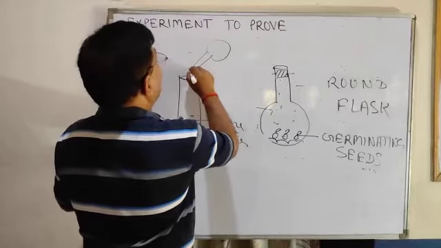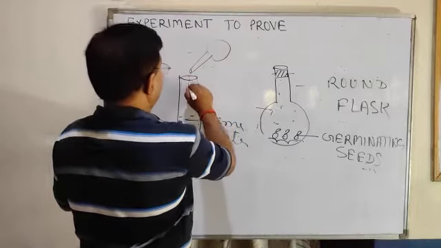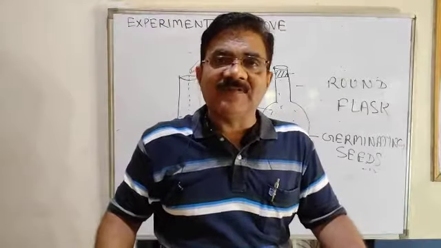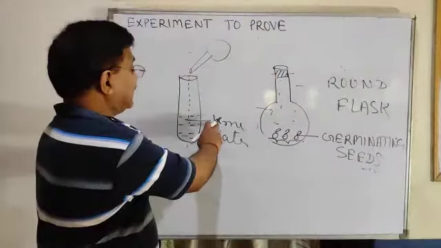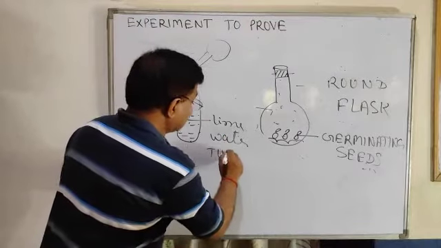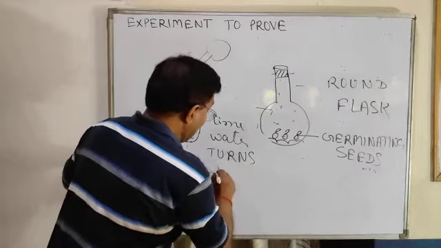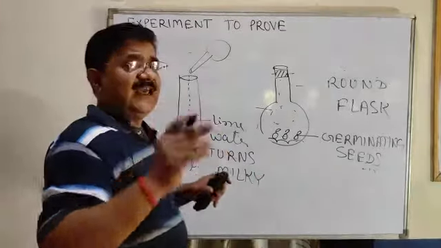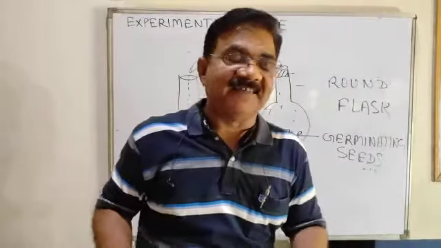Since the gas is heavier than the air, it will come, and just shake it or leave it for some time. What you will see is that the lime water turns milky, and lime water will turn milky only when carbon dioxide is present.